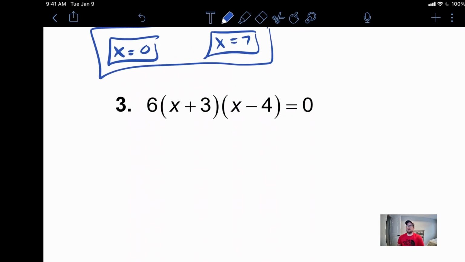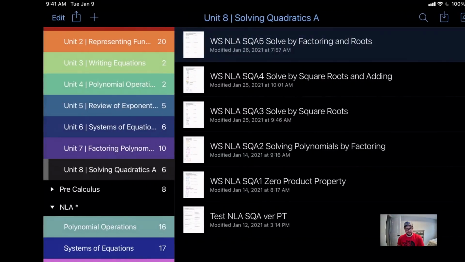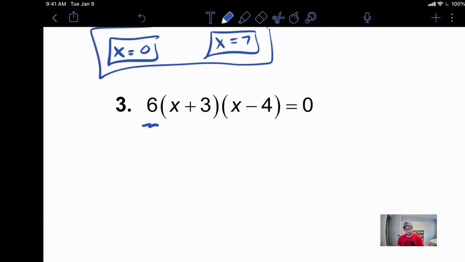So here's another problem. In this one, we have three things that are being multiplied together: 6, x plus 3, and x minus 4. Those three things are being multiplied together and they equal 0. The only way that can happen is either this is equal to 0, this is equal to 0, or this is equal to 0.